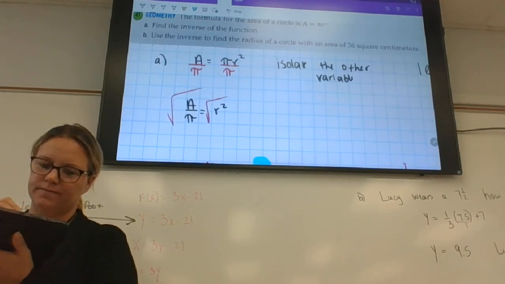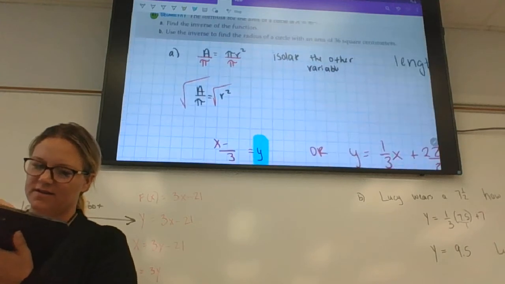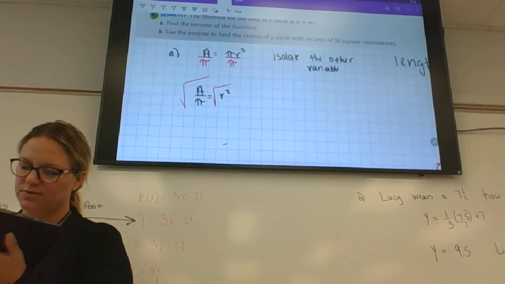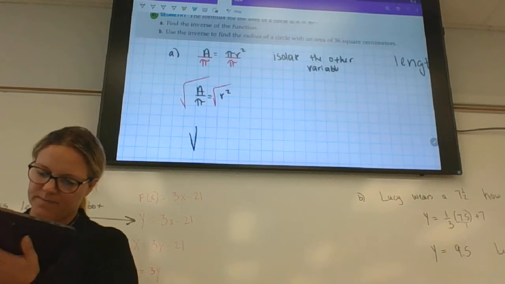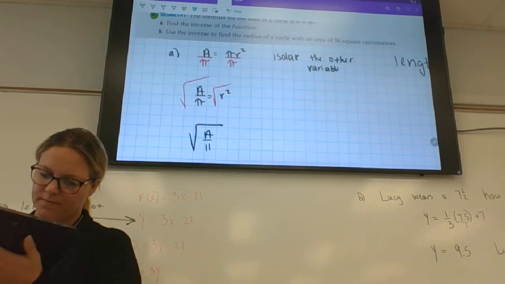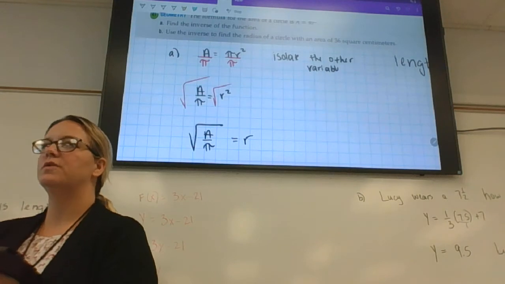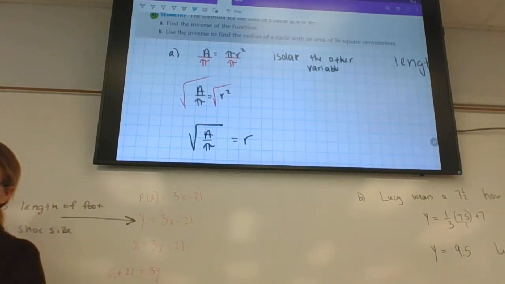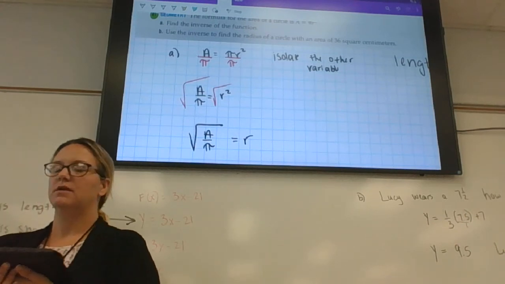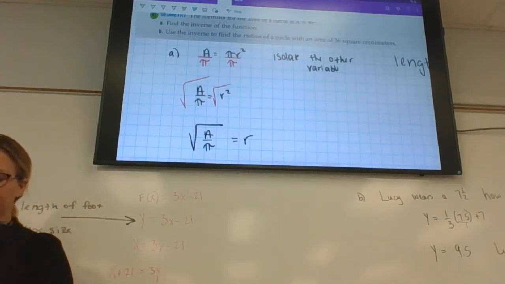Square root. Do you guys think we need a plus or a minus? We square rooted both sides. Should we use a plus or minus? Trick question.